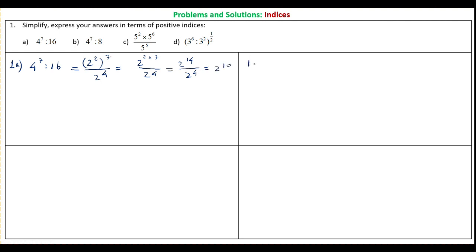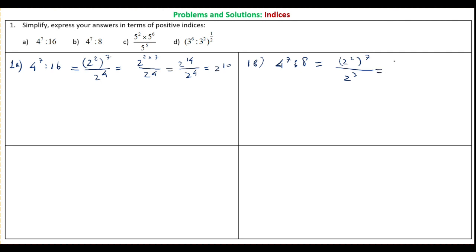Now for 1b, 4 to the 7 divided by 8. Same thing. 4 is 2 squared. 2 is a prime number and 4 is not, so we express it as a multiplication of prime numbers. 2 squared to the power of 7 divided by 8, which is 2 to the power of 3.